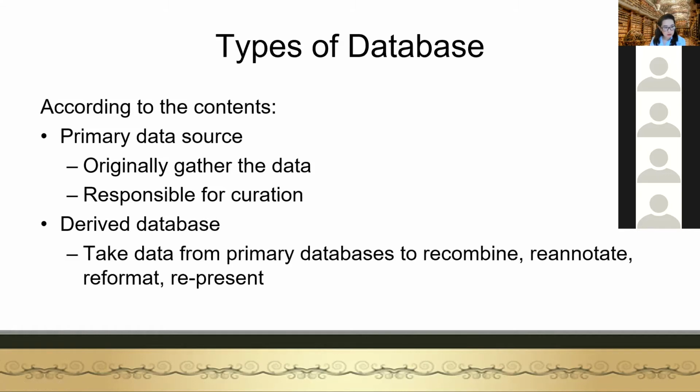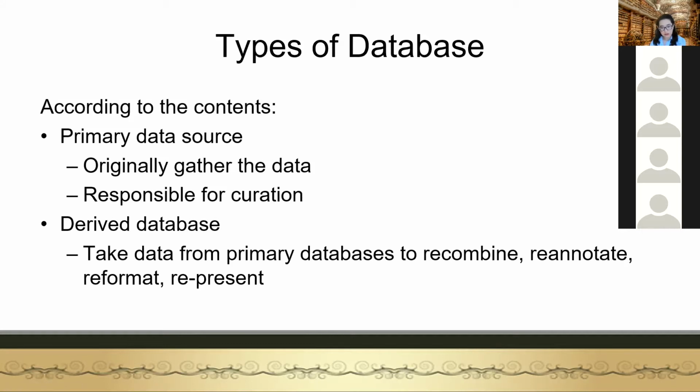And there is also the derived database, which takes the data from primary databases to recombine, re-annotate, reformat, or re-represent. So the example I will give for this database class would be the CATH database, which has the class architecture that is derived from the structural database into the fold of the protein.